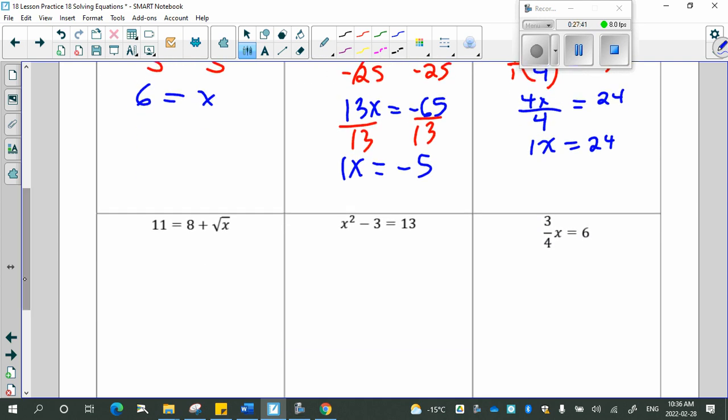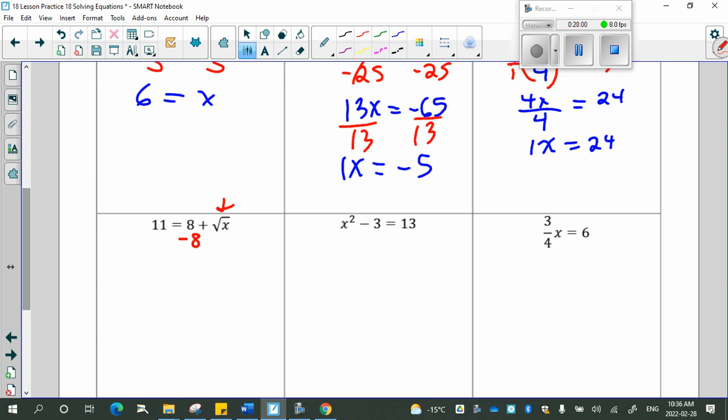Okay, did any groups get to this one? If you're someone that got to it, what was your first step? Okay. All right. This is a side with x on it, so it's bossing us around.